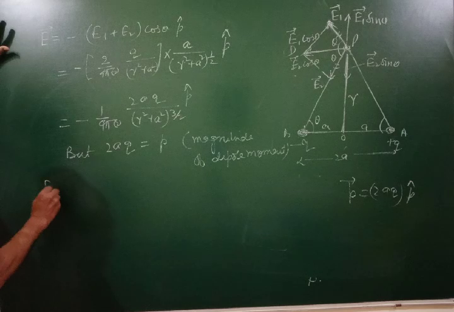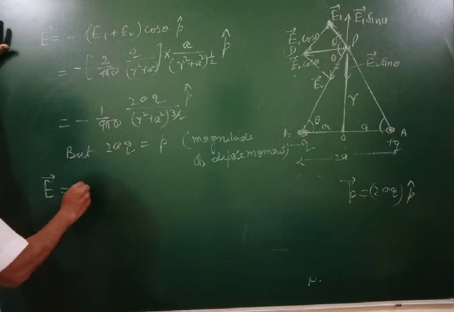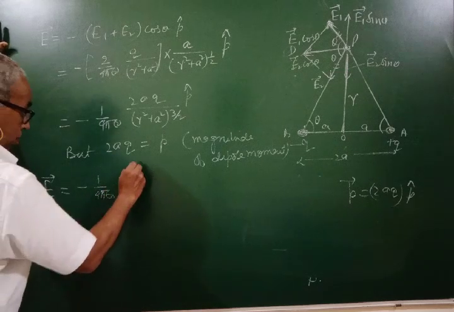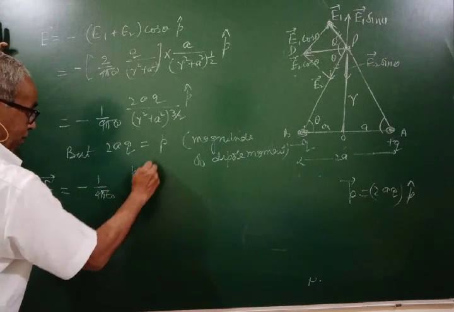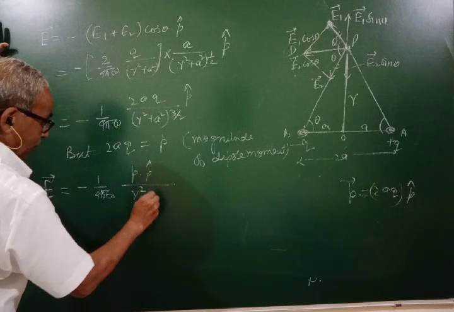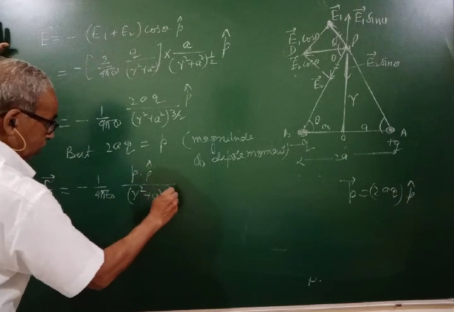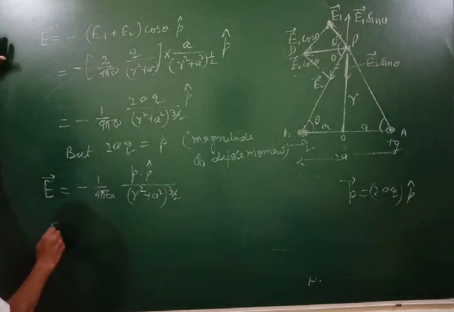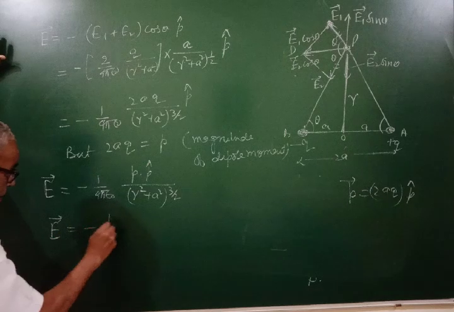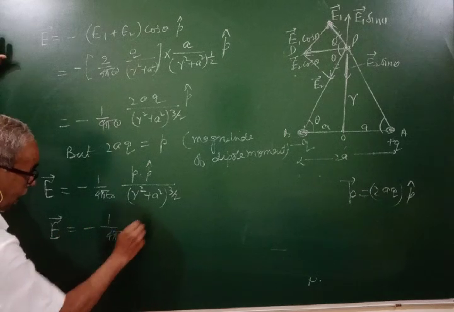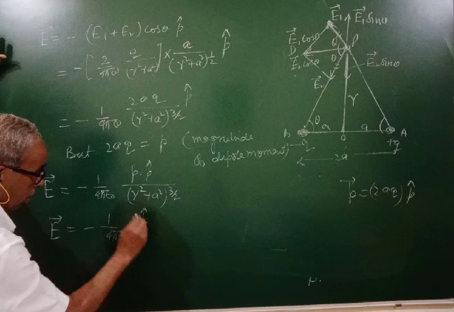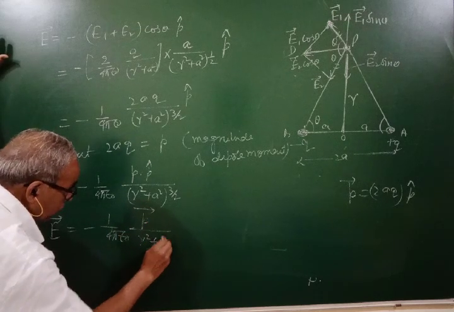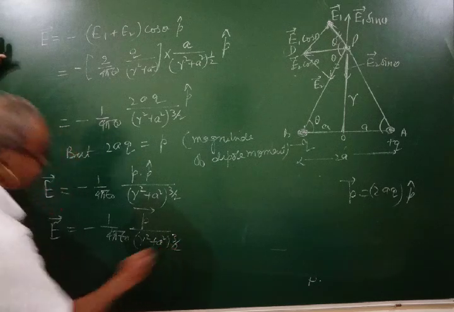So vector E equal to minus 1 upon 4 pi epsilon 0, p dot p cap upon r square plus a square raised to the power 3 by 2. But p into p cap will give you vector p. Vector p means dipole moment. Sorry, vector p upon r square plus a square to the power 3 by 2.